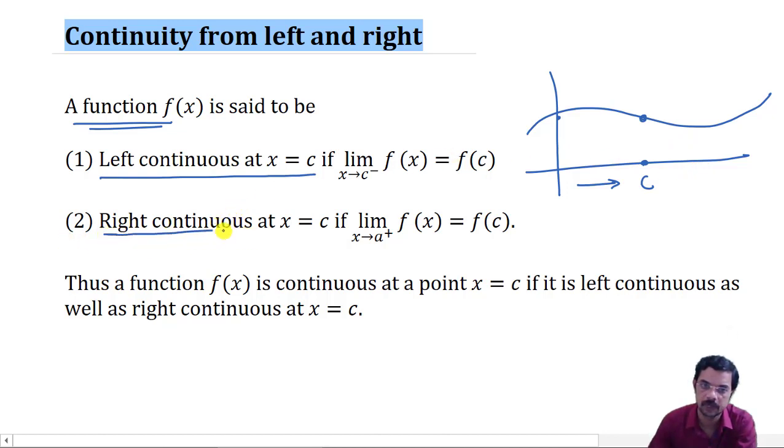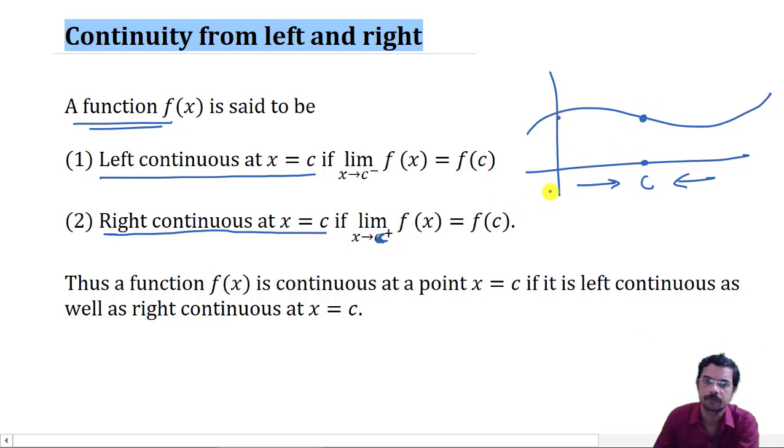The function is said to be right continuous at x equal to c if, as limit x tends to c from the right side, f of x will be equal to f of c. If it is approaching from the right hand side, then also the limit of that function from the right should be equal to f of c.